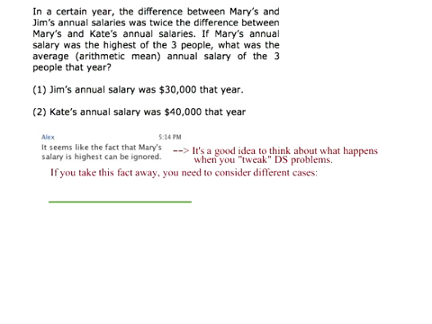So you have 4 cases, right? Let's just put 4 number lines. There's 4 different possibilities in this case, because then you don't know, either Jim or Kate or both might make more money than Mary. So you need to consider all of those.